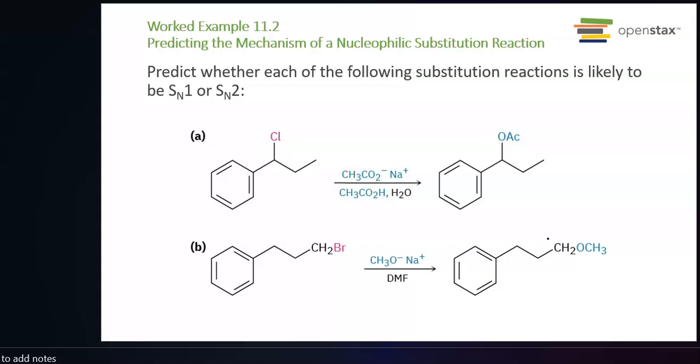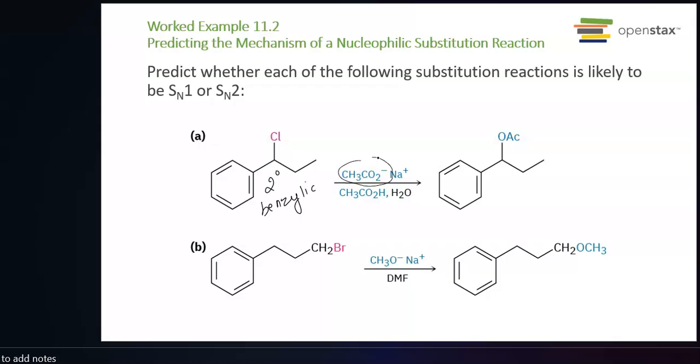Now you are ready to solve questions where you may be able to predict whether the reaction proceeds through SN1 or SN2. So the first thing in a question like this would be to check out what kind of substrate you have. Okay, so here we have a secondary alkyl halide or a benzylic, right? We can say that benzylic and secondary, they are kind of similar, right? Their reactivity is close to each other. So it's a benzylic halide, and then it is reacting with an acetate.